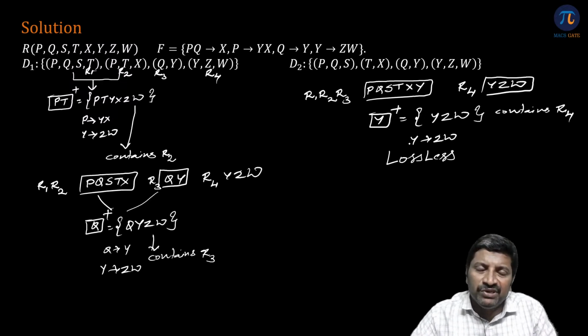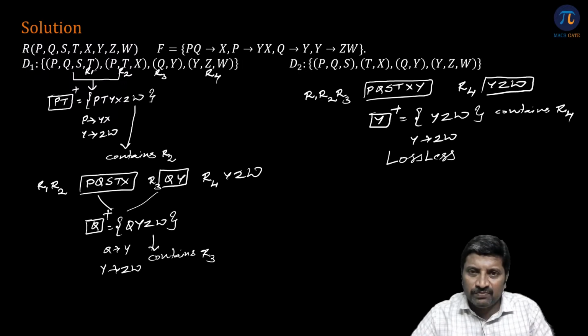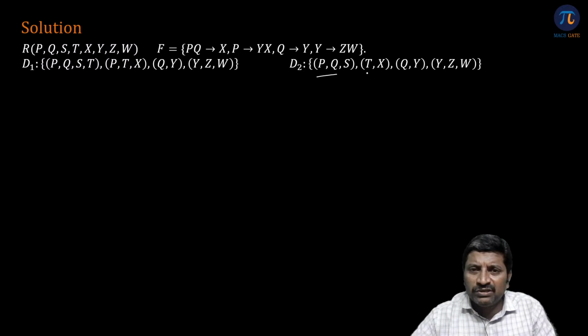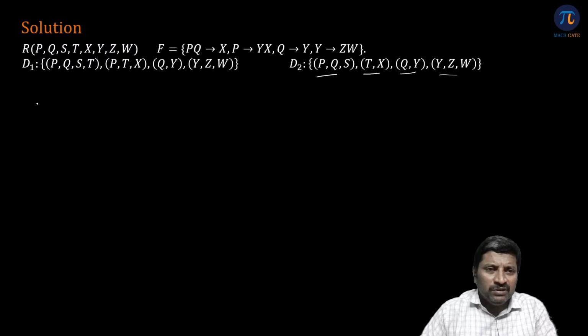In the same way, we need to verify the second decomposition also. PQS, PX, QY, YZW. Let us consider it, sir. PQS, let us consider it as R1. PX, this as R2.